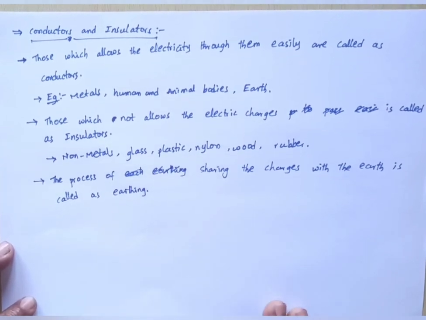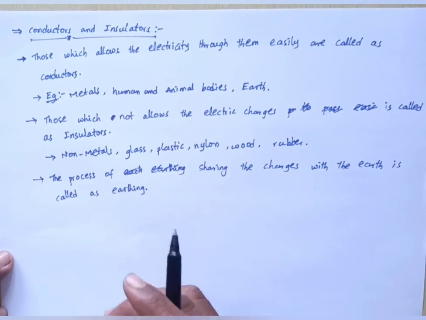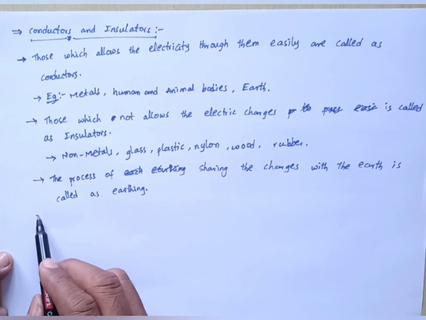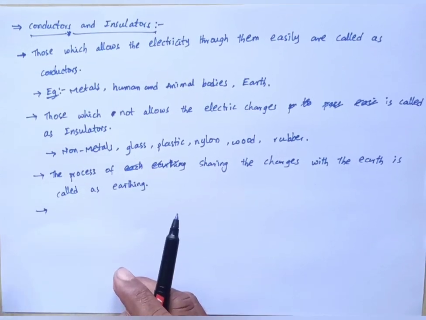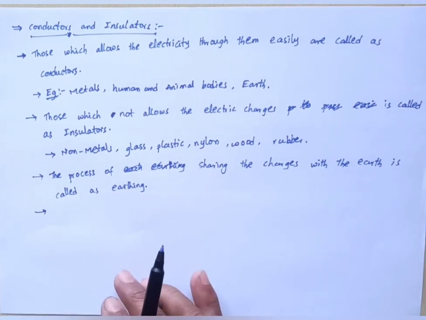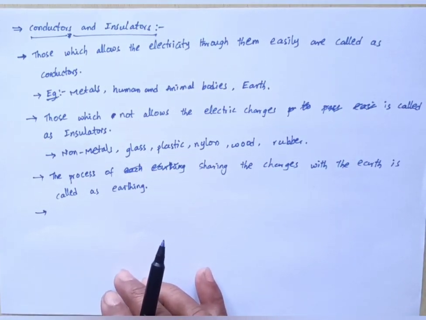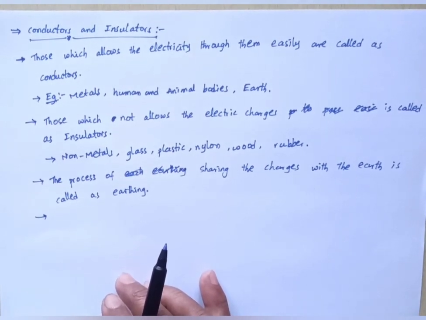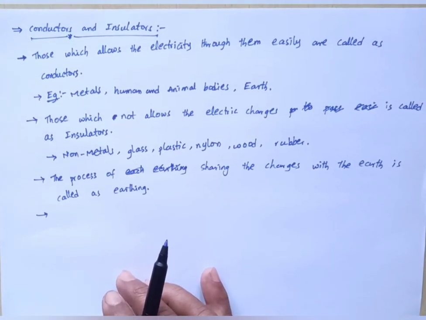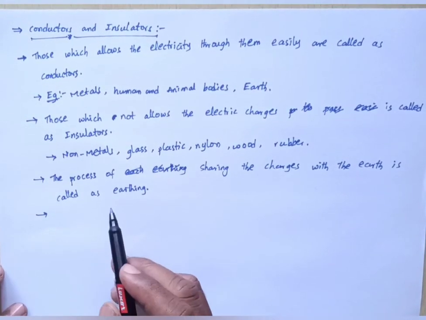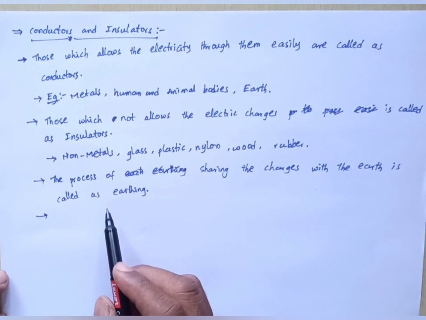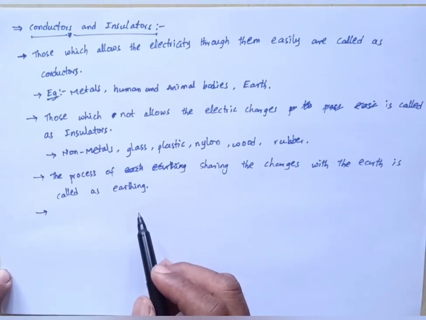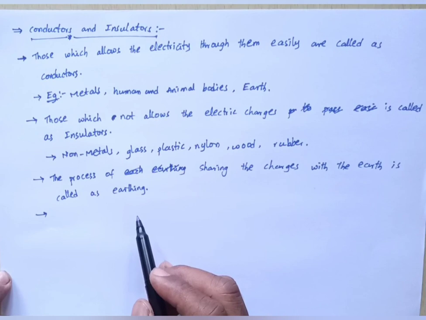What is the use of earthing in our houses? Earthing provides a safety measure for electric circuits and appliances. For example, in our houses we have a TV, iron box, fridge and other appliances. The metallic bodies of electric appliances such as electric iron, refrigerator and TV are connected to the earth wire.